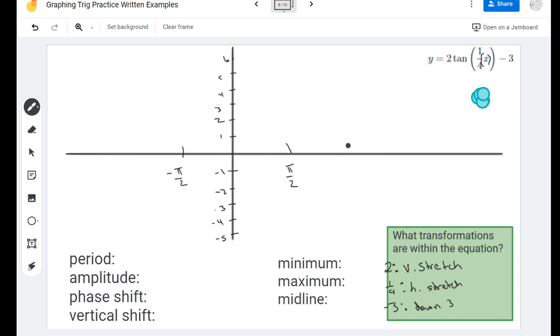So I'm going to take this out to 2 pi. Now remember, the tangent function is kind of strange, because half of it is on the positive axis and half of it's on the negative axis. So these tick marks on the negative axis are just as important as the positive ones.